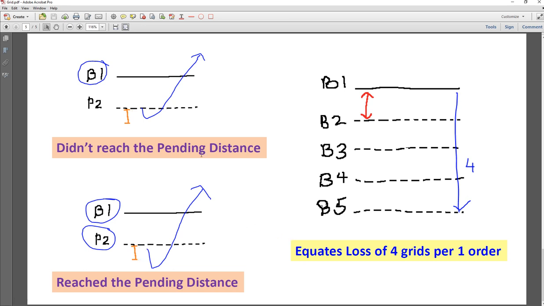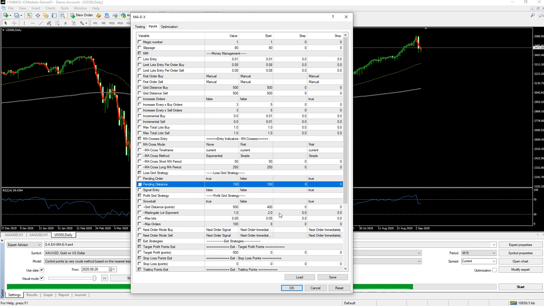Now, setting this pending distance depends on your security, depends on your risk, and depends on the volatility of the security. Okay, let me show you how it works. So here we set up the grid system.